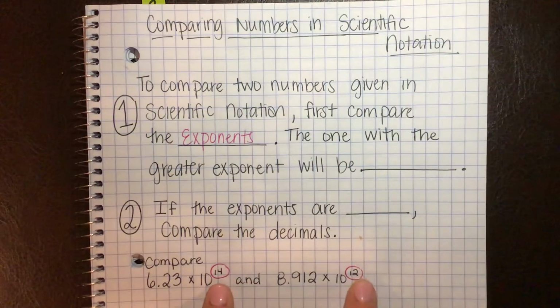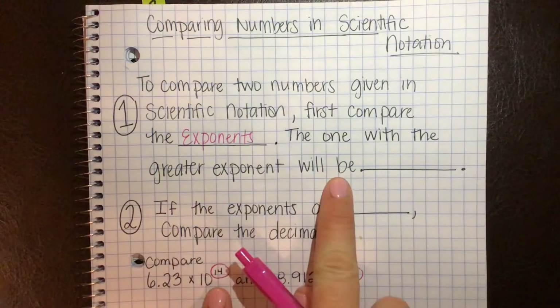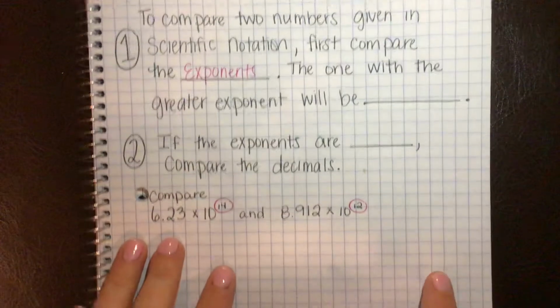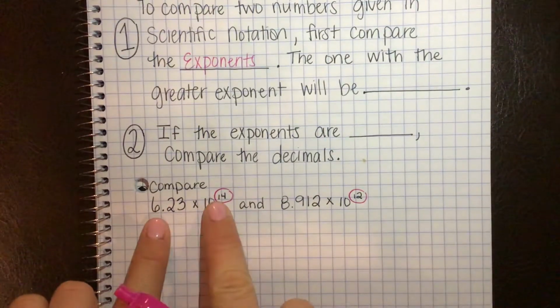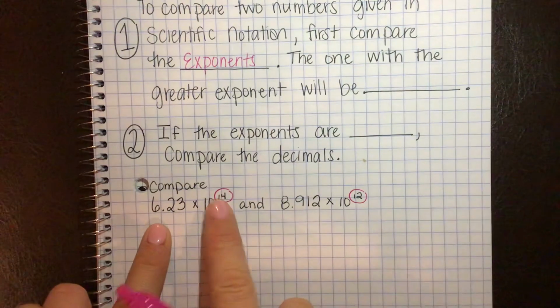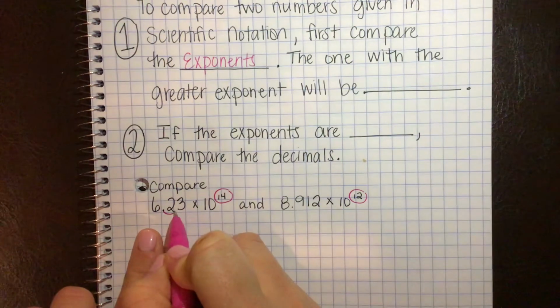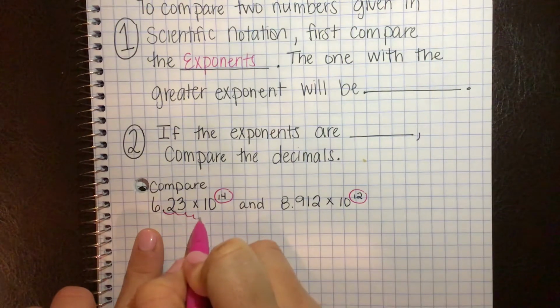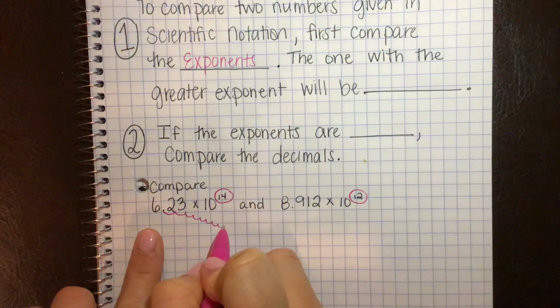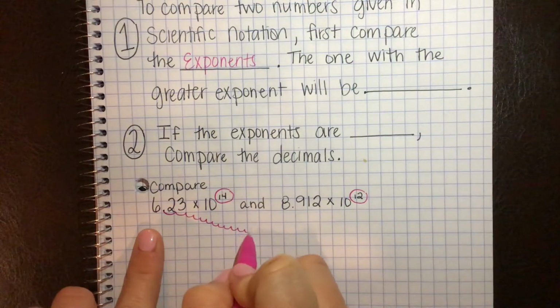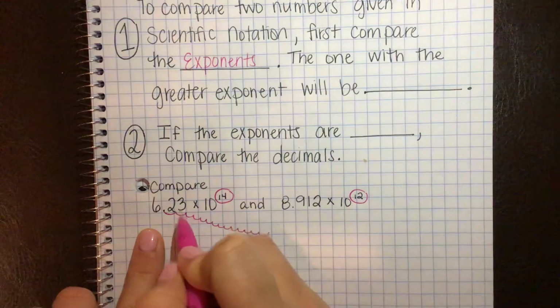So if we're looking at these two, the one with the greater exponent. If I had 6.23 times 10 to the 14th, and 14 is a large number, I'm going to go ahead and move the decimal that many times. So 1, 2, 3, 4, 5, 6, 7, 8, 9, 10, 11, 12, 13, 14.